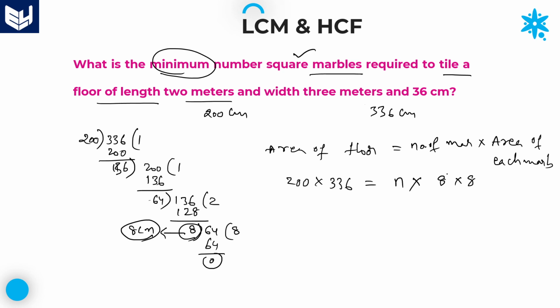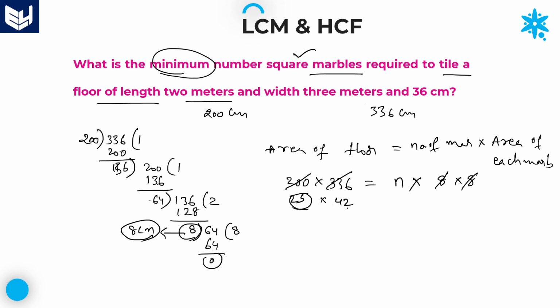Now you can cancel with the 8 table. Here it is 8 fours and next 8 twos. After that, again you can cancel with the 8 table. Here 8 twos are 16, 8 fives. Now you can multiply these two. Here you can go with 25 into 42.